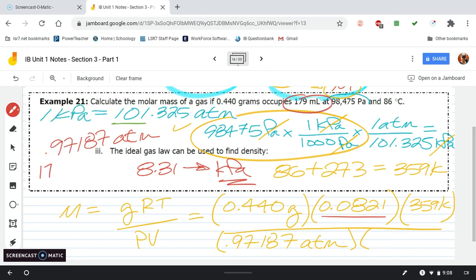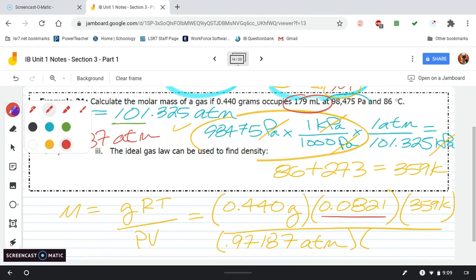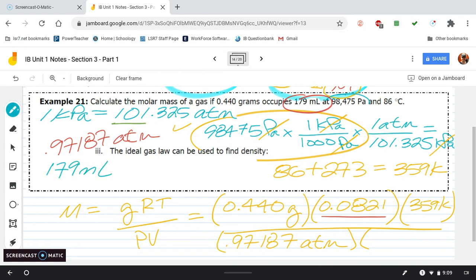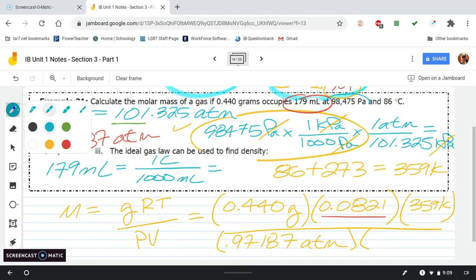So 179 milliliters, we got to get it to liters. So let me get some space for a conversion here. There we go. So I'll get a little space for a conversion, and it would be 179 milliliters equals 1 liter over 1,000 milliliters.